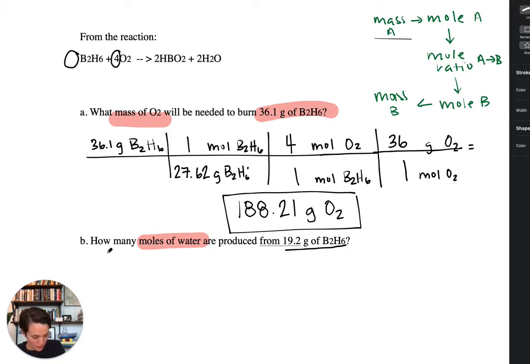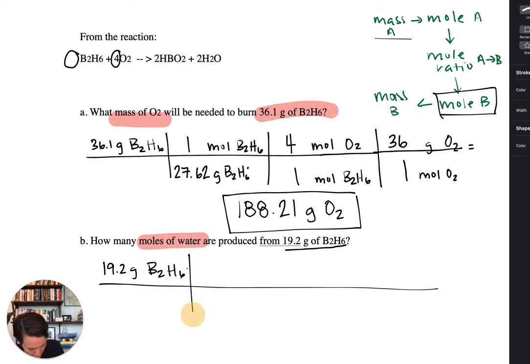So this is cool, right? We'll go from grams of B2H6, so that's going to be A again. But then we get to just stop at moles of water, which we love, right? It's one less step. Even though we already know the molecular mass of water is 18 grams per mole, but that's okay. So we have 19.2 grams of B2H6.